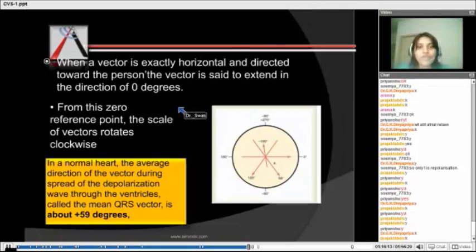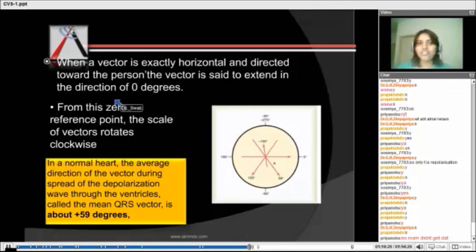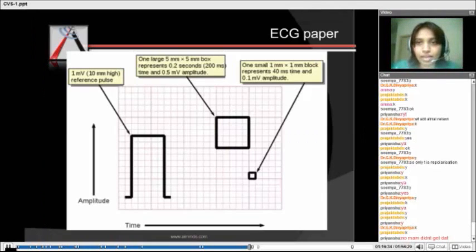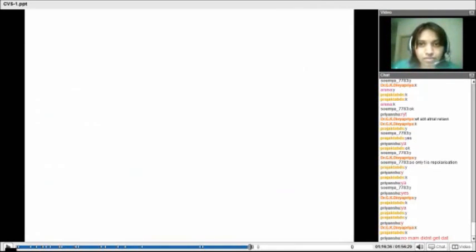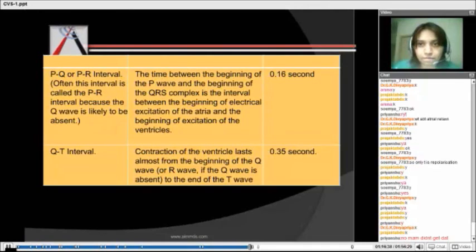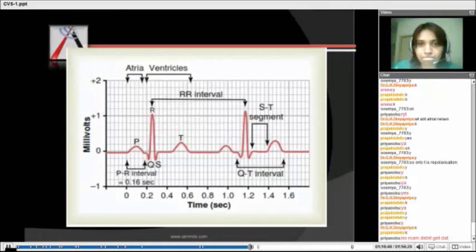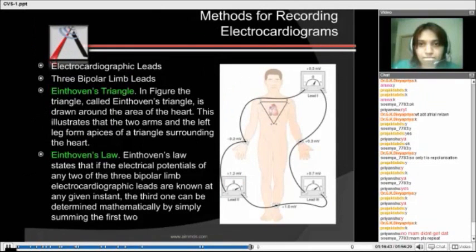When we take it in the heart, when a vector is exactly horizontal and directed towards the person's left, the vector is said to extend in the direction of 0 degrees. Okay, let me just go back. I think I missed the diagram, but I'll just draw it for you.